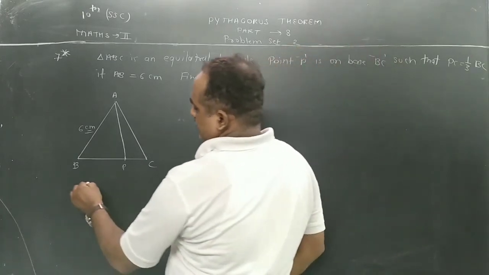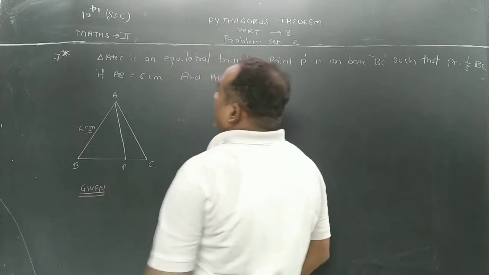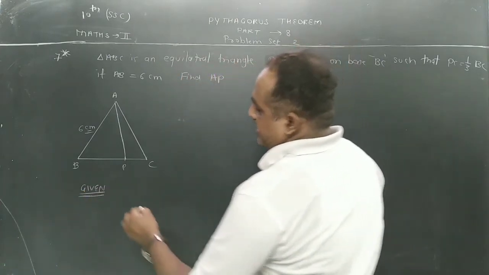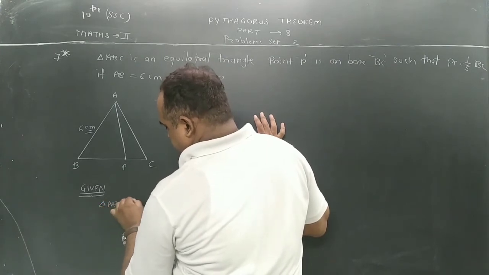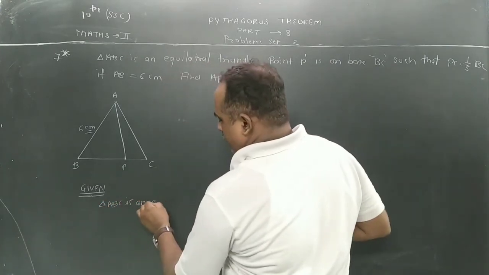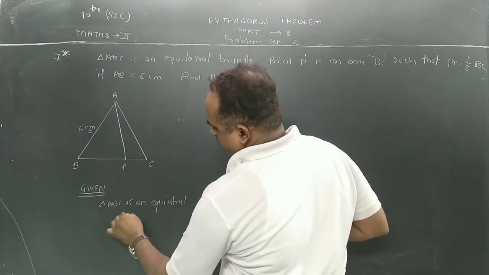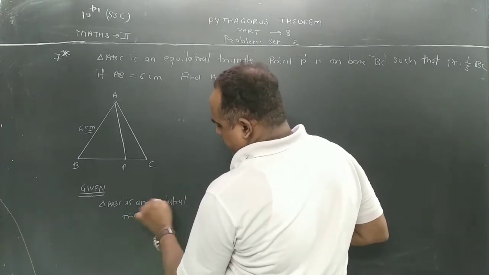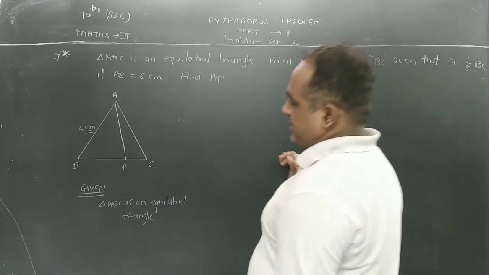Is it right? To give one, what are they given to you? Triangle ABC is an equilateral triangle. It is an equilateral triangle.